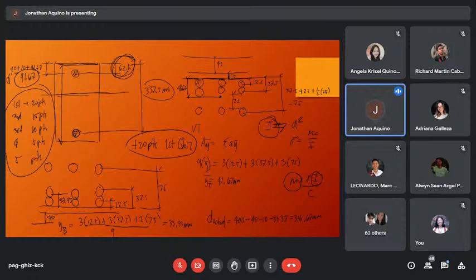Okay? So yan yung design ng double reinforced rectangular beam. So after designing, same with single reinforced rectangular beam, pag lumabas na yung bakal ninyo, magiging multiple layer na siya, kailangan nyo i-check yung moment capacity. Kasi pag multiple layer na siya, lumalapit na yung bakal natin sa centroid. So pag lumapit yung bakal natin sa centroid, lumiliit yung moment of inertia na proportional siya dun sa moment capacity.